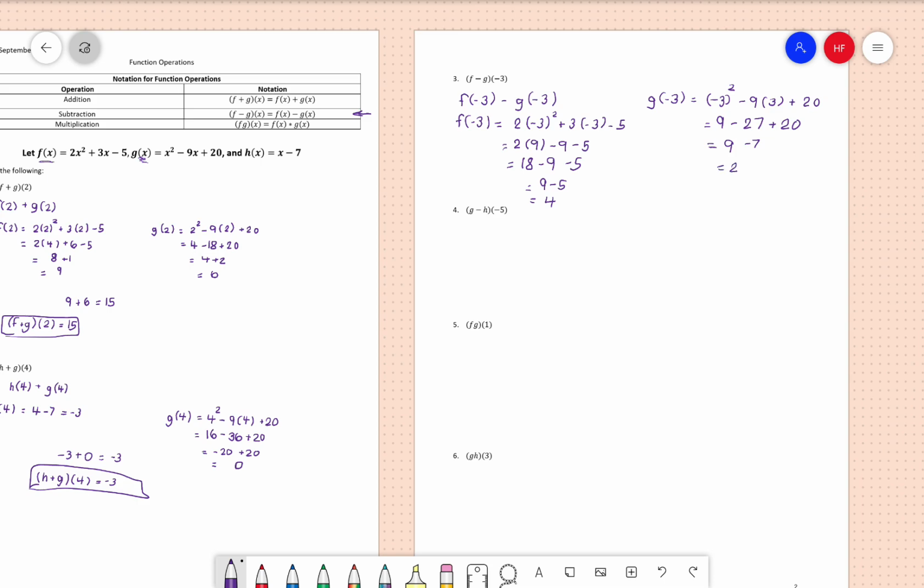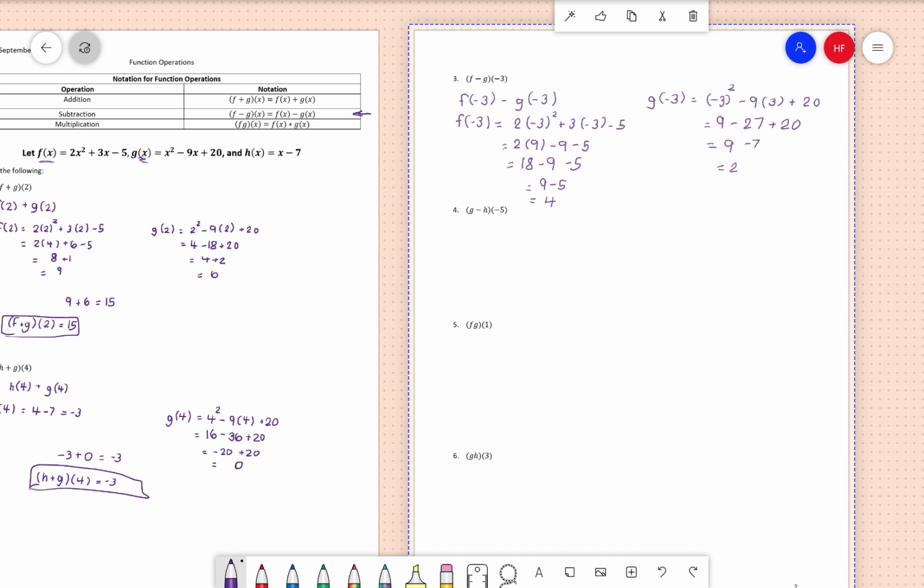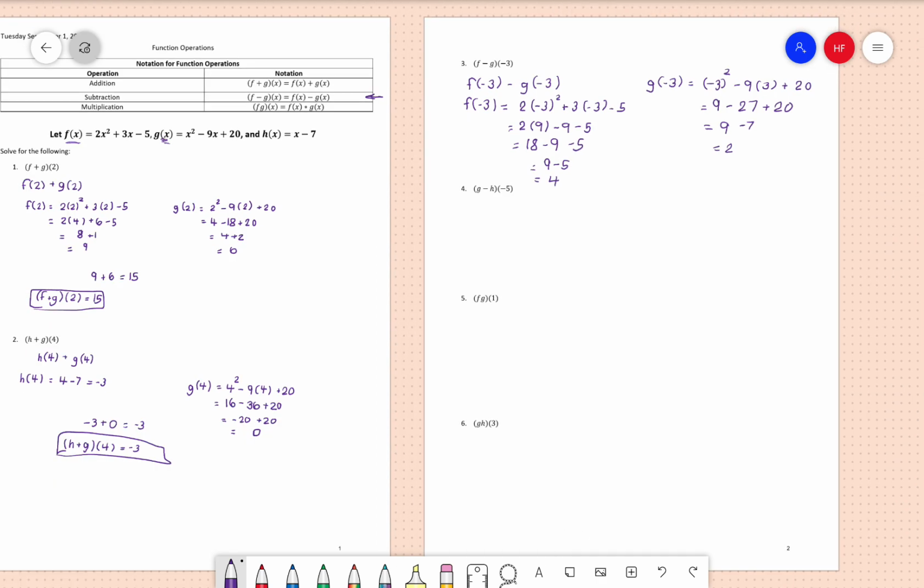So then the question's asking for f of negative 3 minus g of negative 3. So we're going to have 4 minus 2, which is equal to 2. So my final answer would be f minus g of negative 3 equals positive 2.